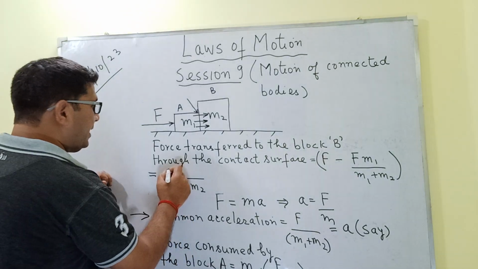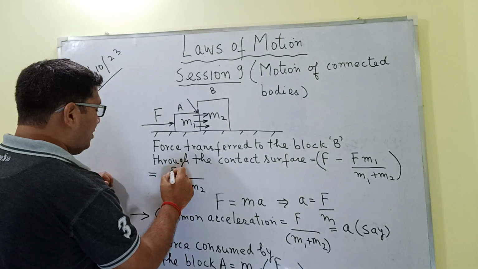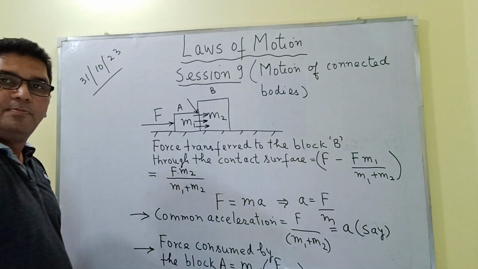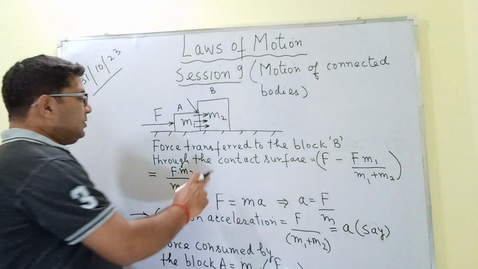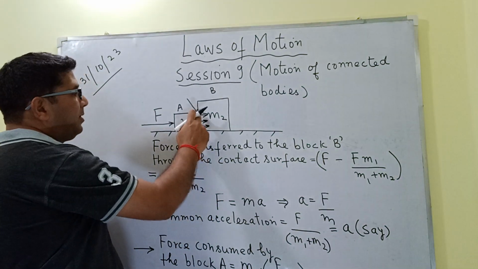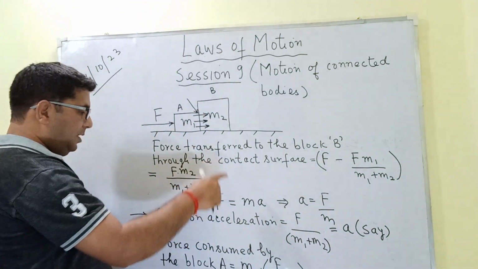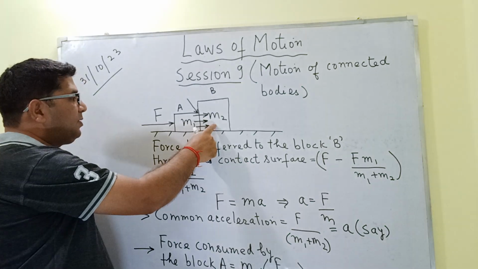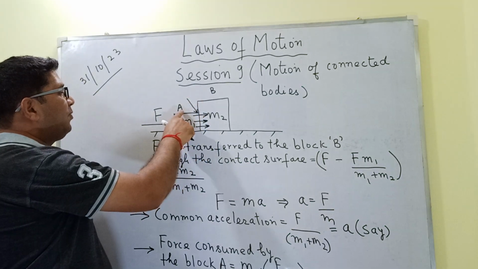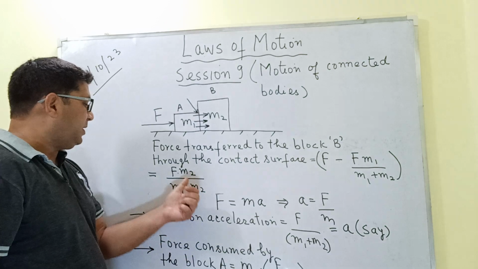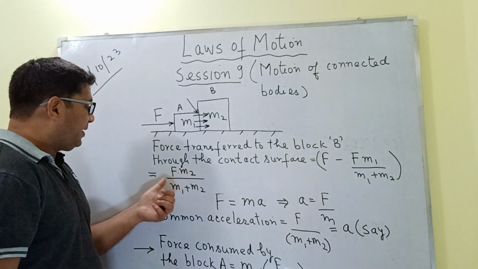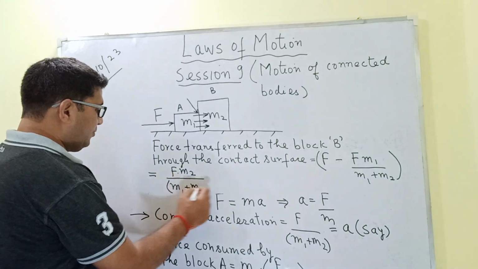So finally we will get F m2. Okay, so the force acting at this contact surface, or at the interface of this block A and B, will be equal to F into m2 divided by m1 plus m2.